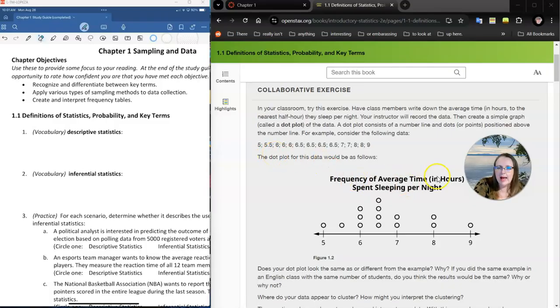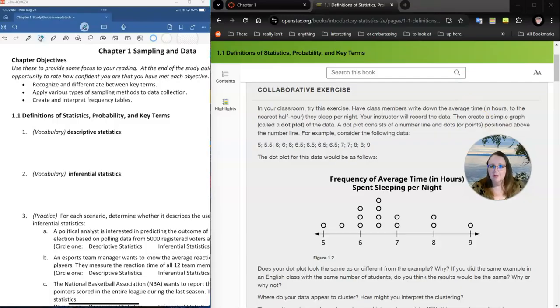So if this is average time in hours spent sleeping per night, one person slept for 5 hours, another person slept for 5.5 hours, 3 people slept for 6 hours, 4 people slept for 6.5 hours on average. And you notice that these dots match up with this data. And for now, that's the important thing. This dot plot tells us, well, it looks like more people sleep for 6.5 hours than anything else.